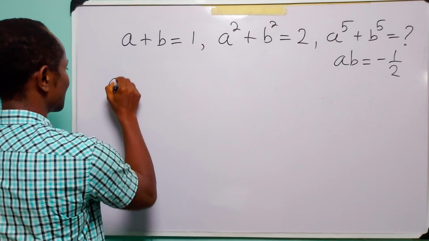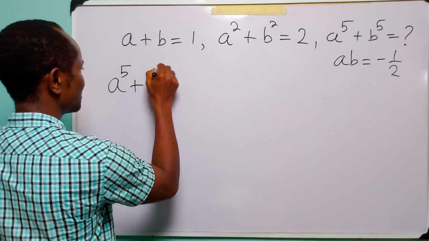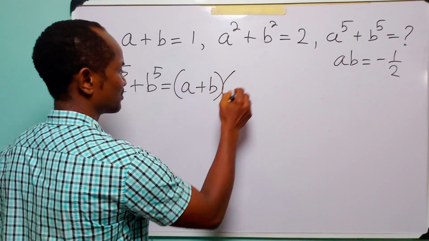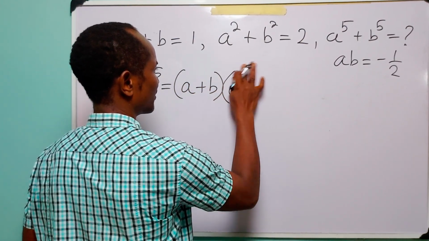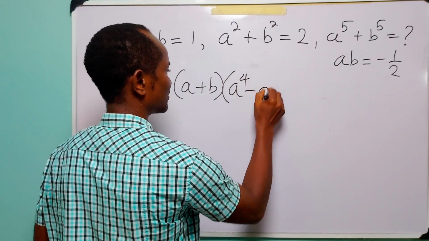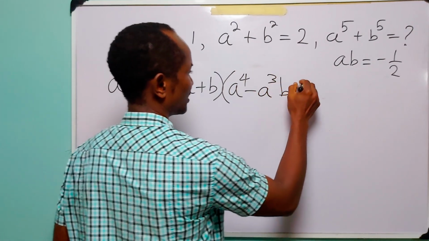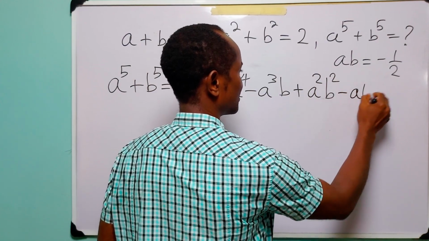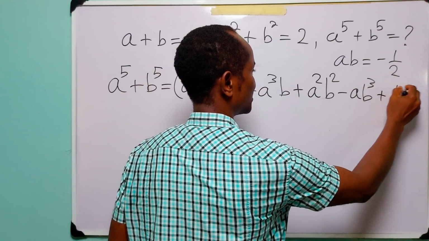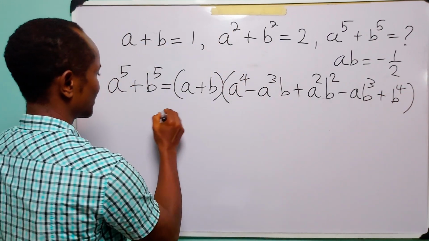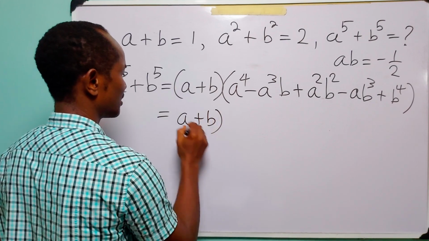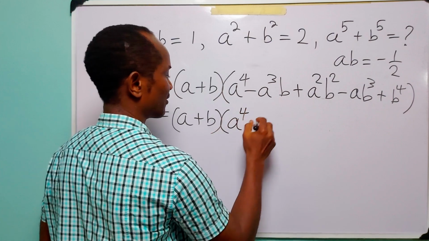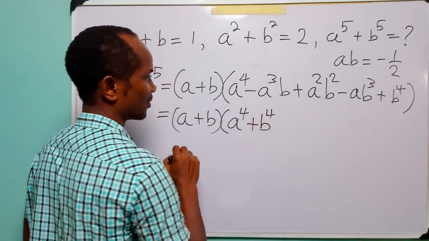We know that a to the power 5 plus b to the power 5 is equal to (a plus b) multiplied by (a to the power 4 minus a cubed b plus a squared b squared minus a b cubed plus b to the power 4). Now from here we have a plus b into, let us collect like terms, a to the power 4 plus b to the power 4.